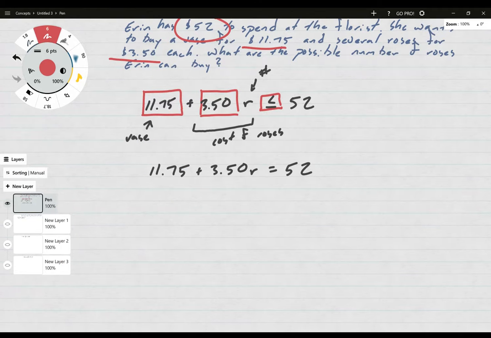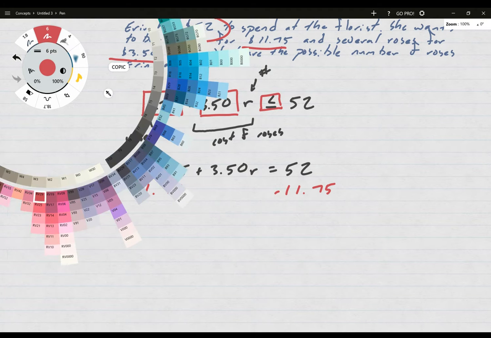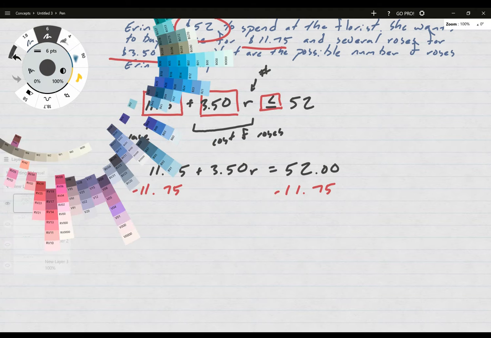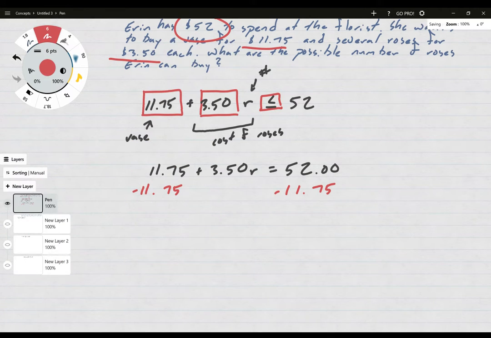Now I can use my inverse operations to solve for r. I'm going to subtract $11.75 from this side. That means I must subtract it from the other side as well. It has to be balanced. Whatever you do to one side, you must do to the other. That equals 0.